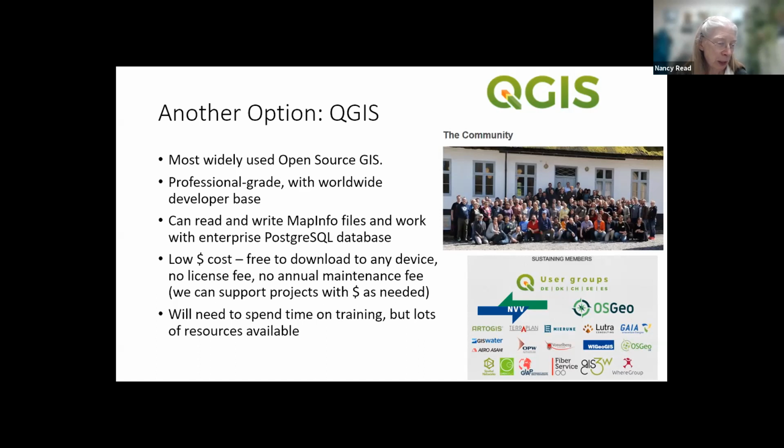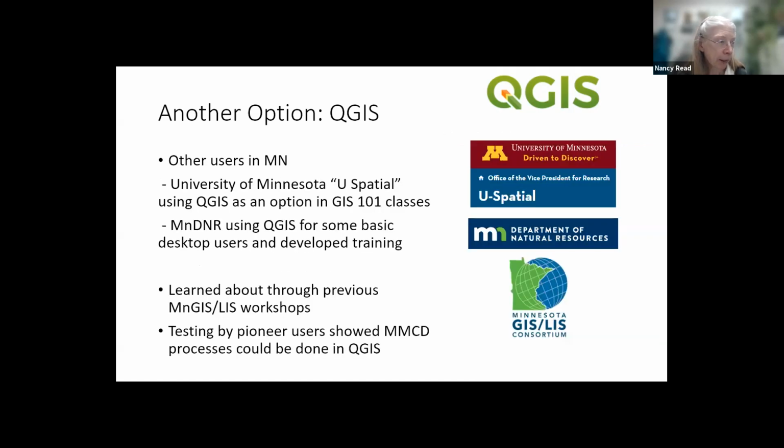And we know we need to spend time on training on something, but there are lots of resources available for training on QGIS. We also were happy to find some other users in Minnesota. We appreciate that USpatial was teaching some QGIS as an option for their GIS 101 classes.